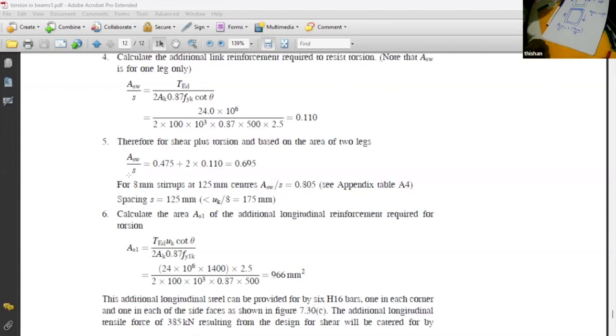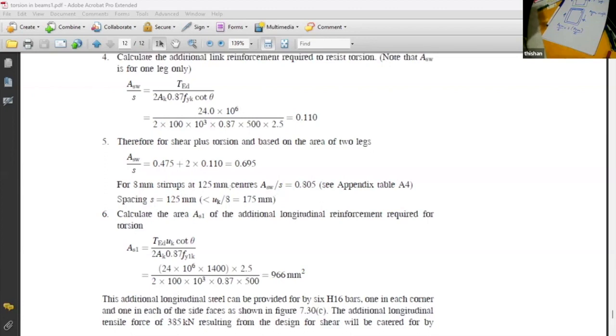Yes. In shear links, ASW is the area of both legs, so we have to do this carefully. If it is 8 millimeter, each leg is 50 millimeters squared. 2 legs means 100 divided by 125, and 100 divided by 125 is 0.8.